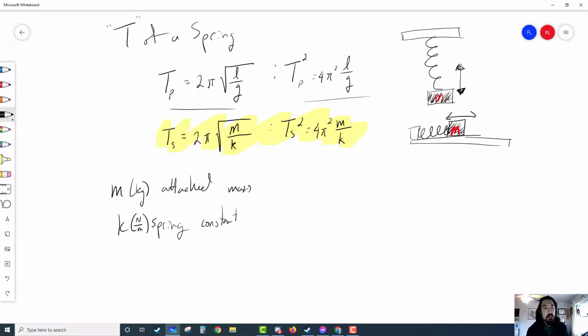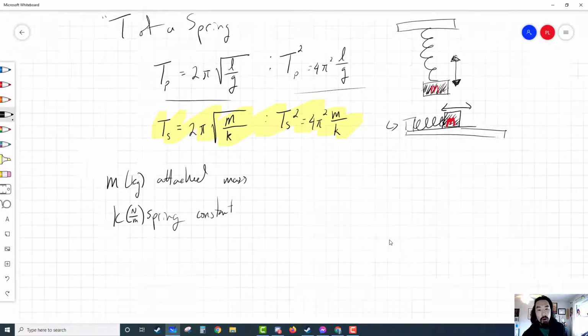Now, I do want to get into the relationship each variable has with period one by one, but before I do that, I want to dive a little bit deeper into what causes this motion, this simple harmonic, oscillatory motion. I want to focus here on the horizontal version. I'm going to draw for us the three different parts of the motion.